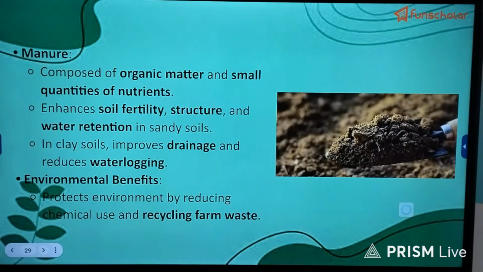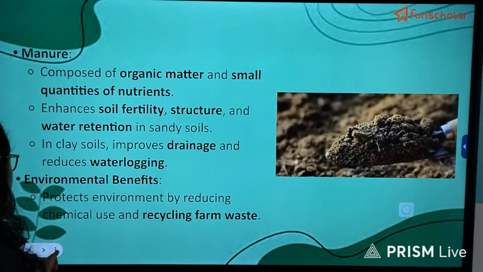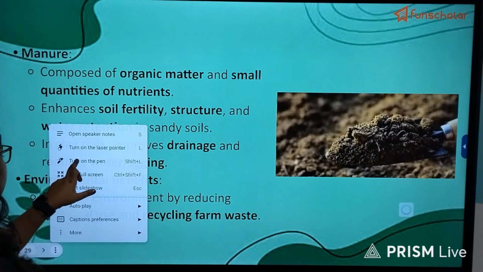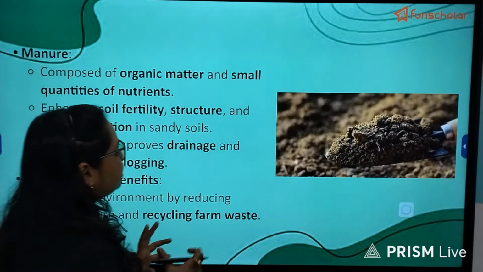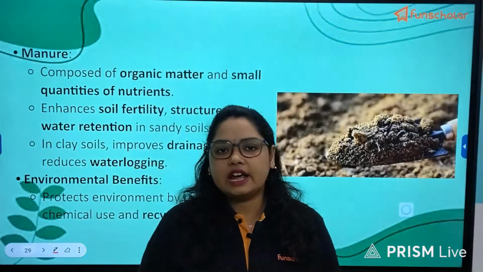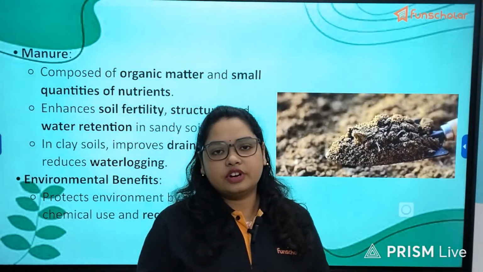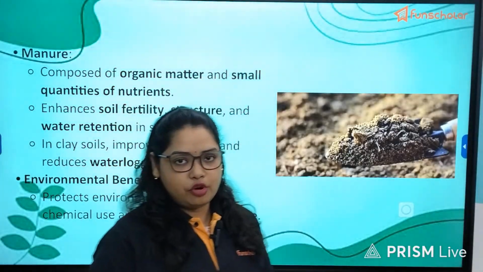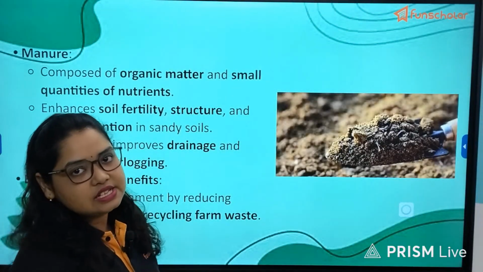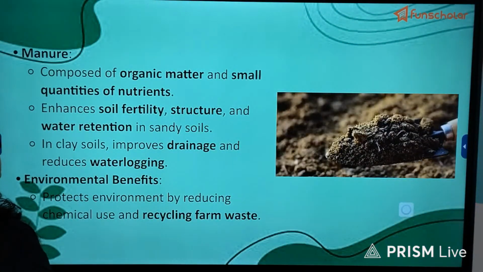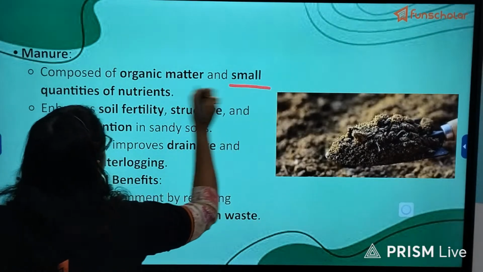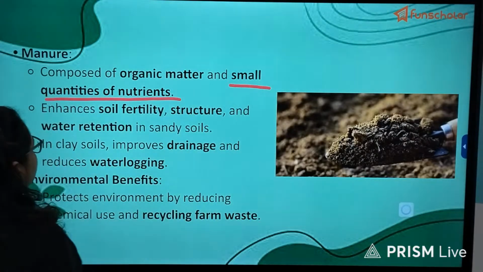Manure, as said in the video, is composed of organic matter, and the nutrients are present in small quantity, because first the organic matter has to be converted into the absorbable form by the decomposers present in the soil, and then small quantities of nutrients will be supplied to the crop.